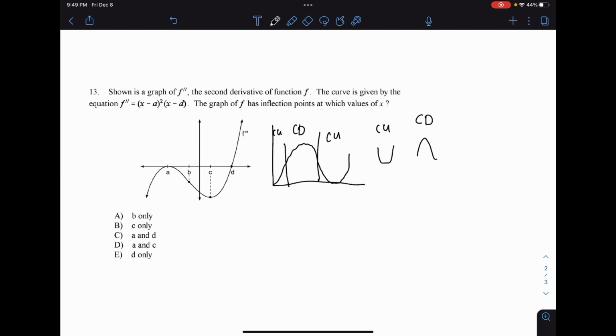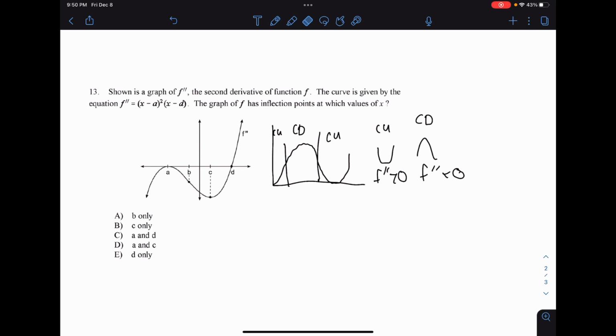So how do we know where the graph is concave up or concave down? Well, a graph is concave up when f double prime is greater than 0, and concave down when f double prime is less than 0. So if we have any point on here where f double prime is equal to 0, then that can tell us the graph is neither concave up nor concave down.